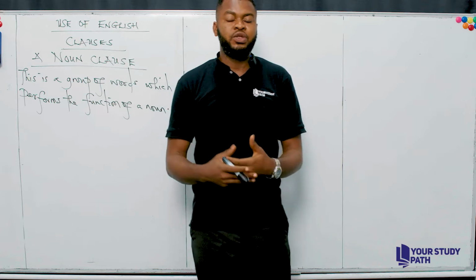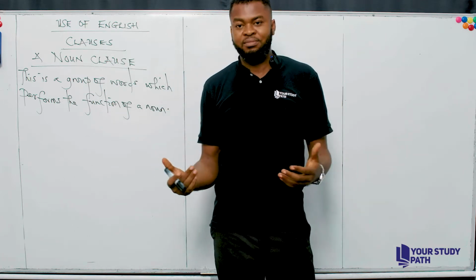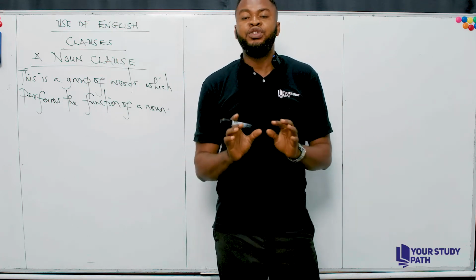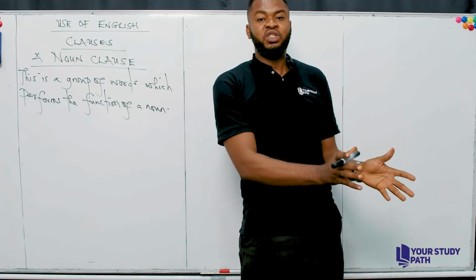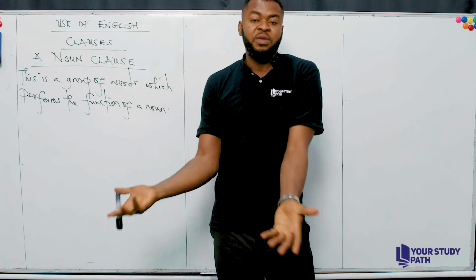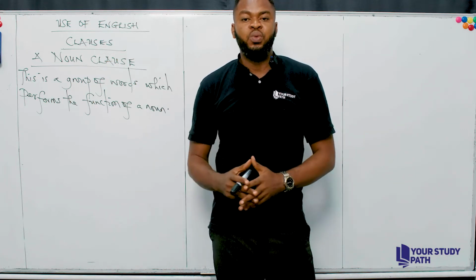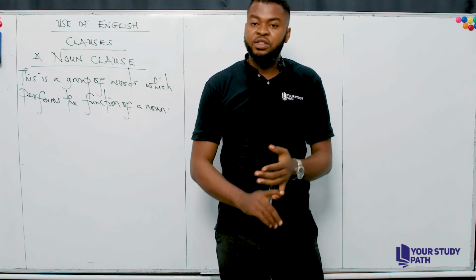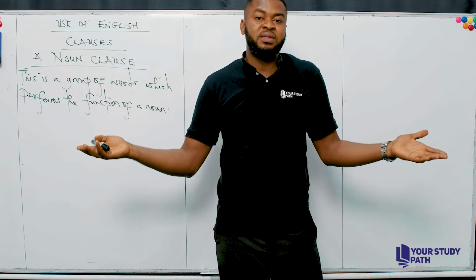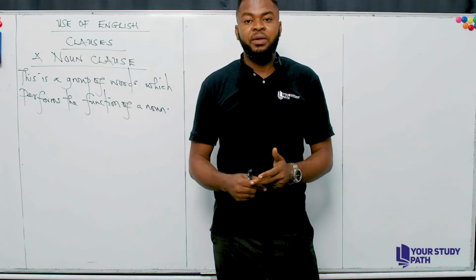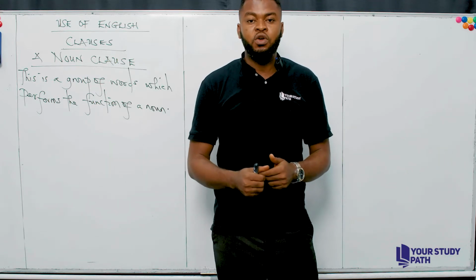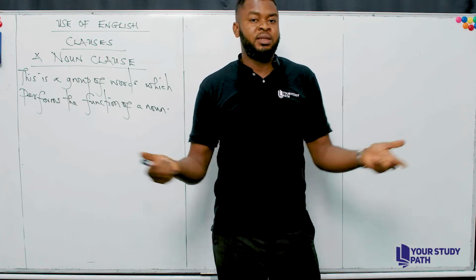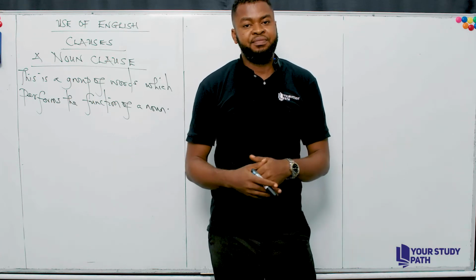So if I may ask you, what function does a noun perform? The same function that a noun performs at the level of a part of speech, a noun clause equally performs, which is what? A noun or a noun clause will function as a subject of a verb, an object of a verb, a subject complement, an object complement, a prepositional complement, or an appositive.